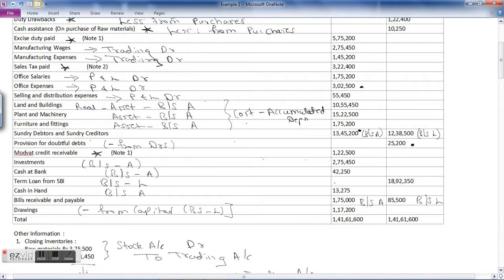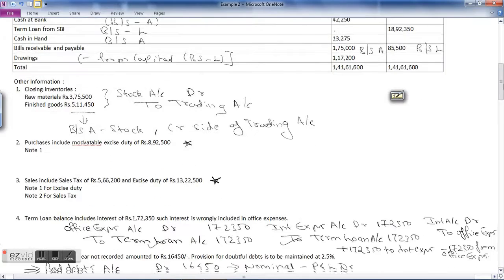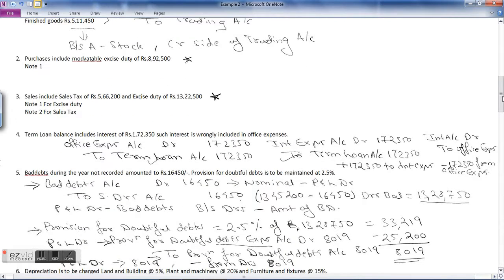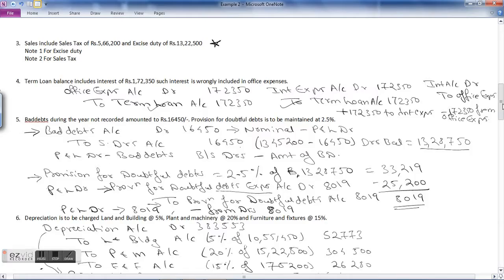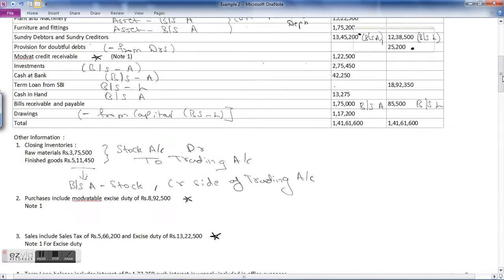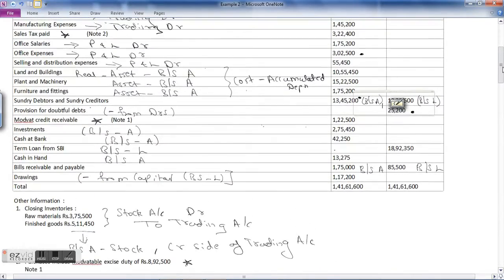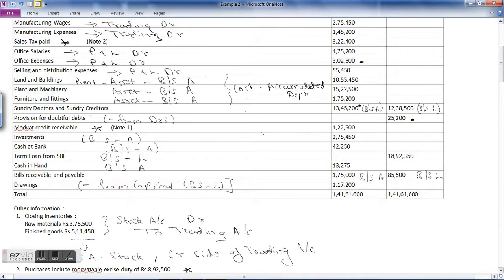Then bad debts, there is no bad debts account, we have to create one. Then provision for doubtful debt, so we have to add it to provision for doubtful debts. There is one adjustment, and then reduce it from debtors.